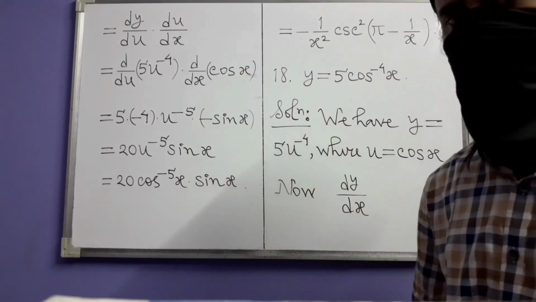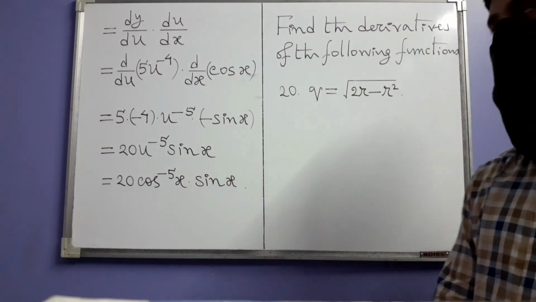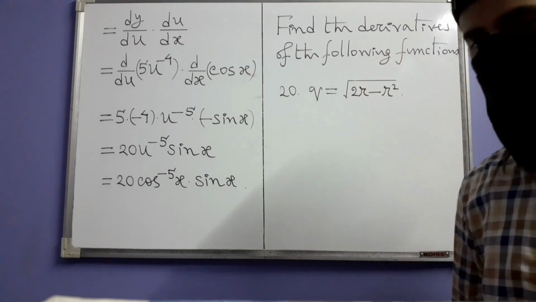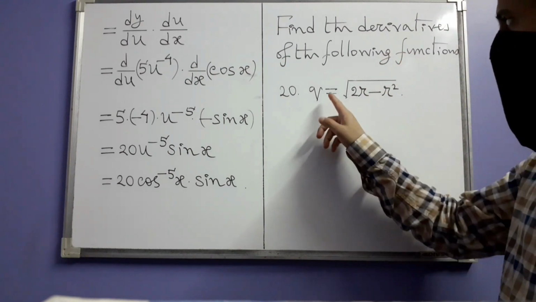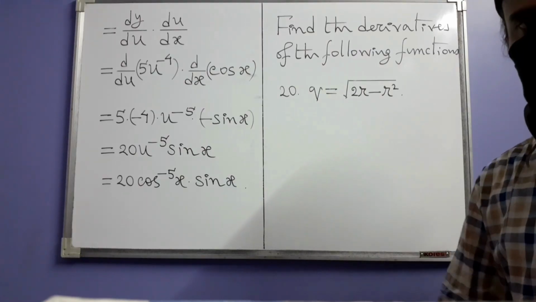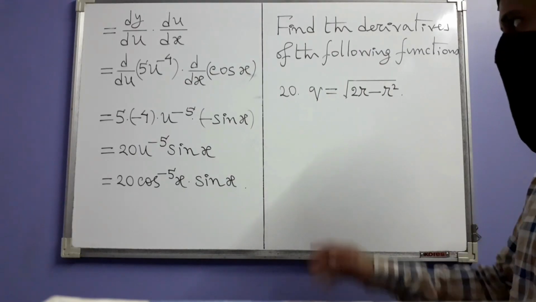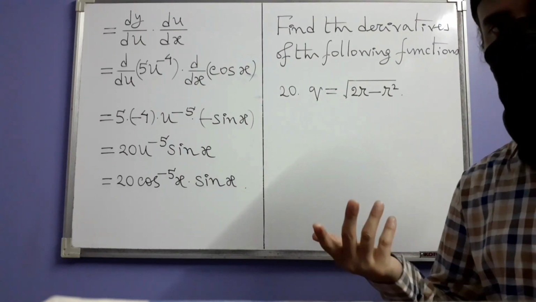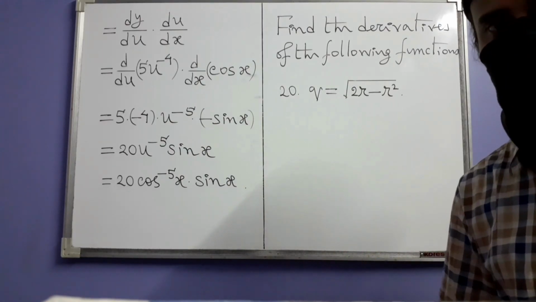In the next few problems, we have to find the derivative of the given function. Say this number 20. So here, whether you want to split the function into two parts or not is up to you.